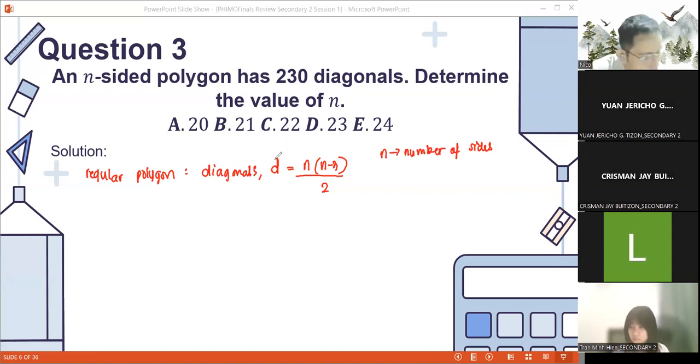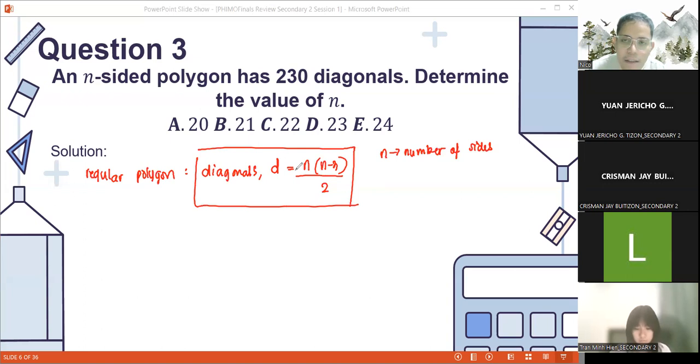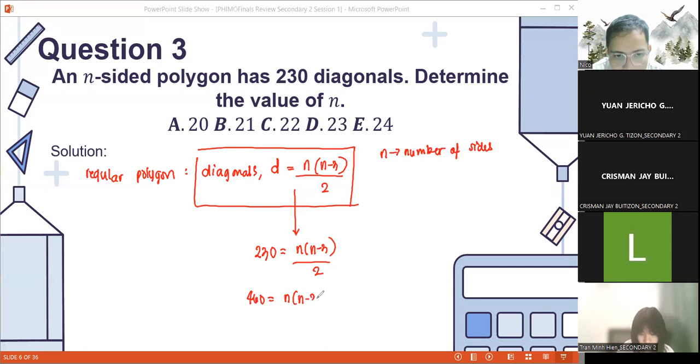So in here, we can use this formula only, because we were given that the polygon has 230 diagonals. So we have 230 is equal to n(n minus 3) over 2. So it becomes 460 equals n(n minus 3), because we need to cross multiply.